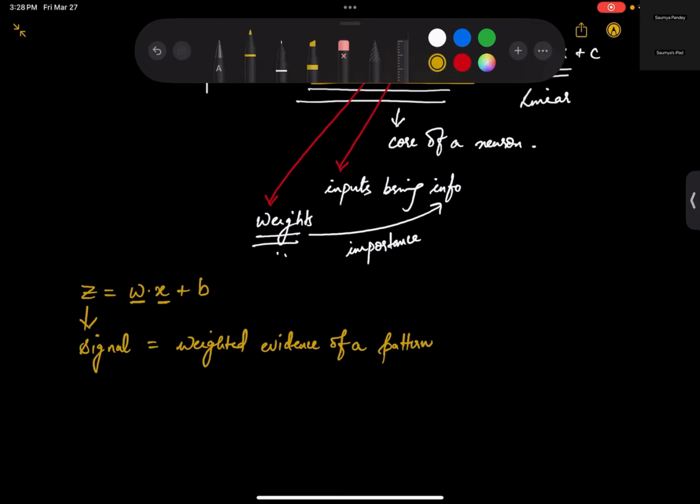So when inputs and weights come together, we get this value Z, the signal. And this tells us how strongly the input matches what the neuron is looking for, right? Neuron is looking for a pattern.